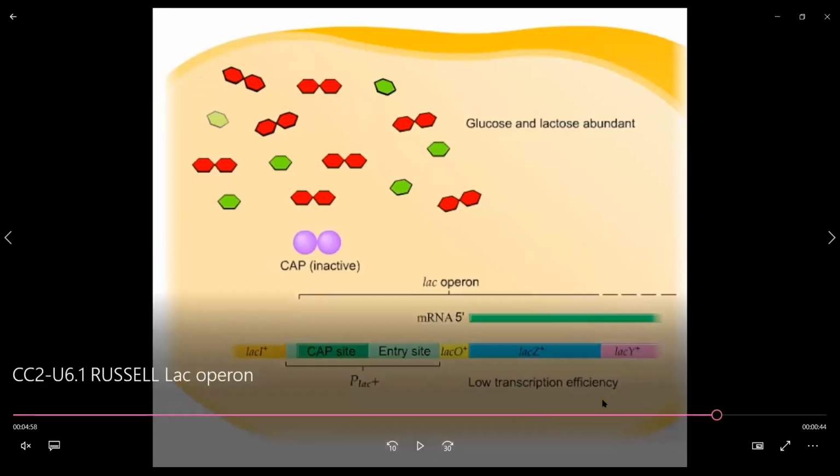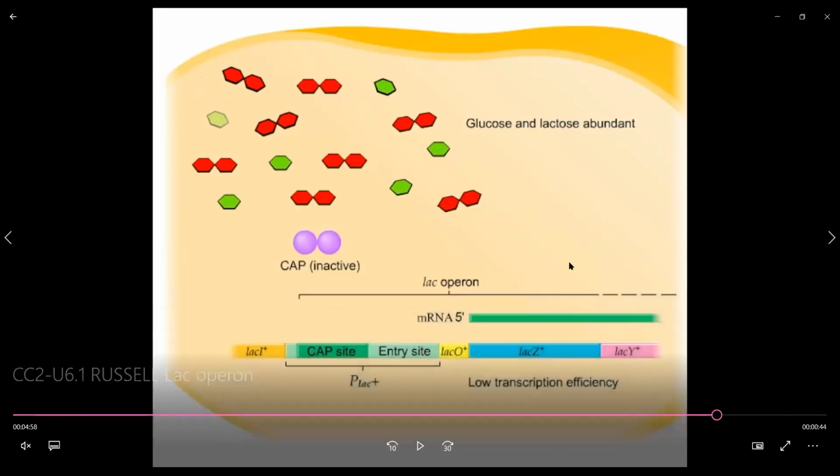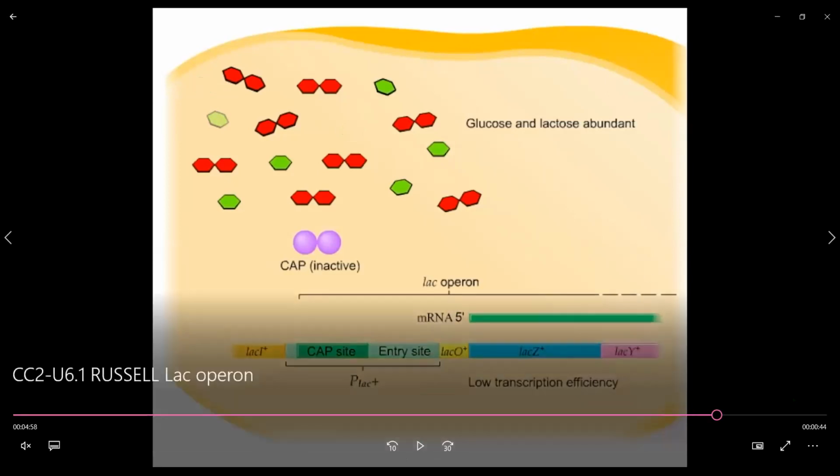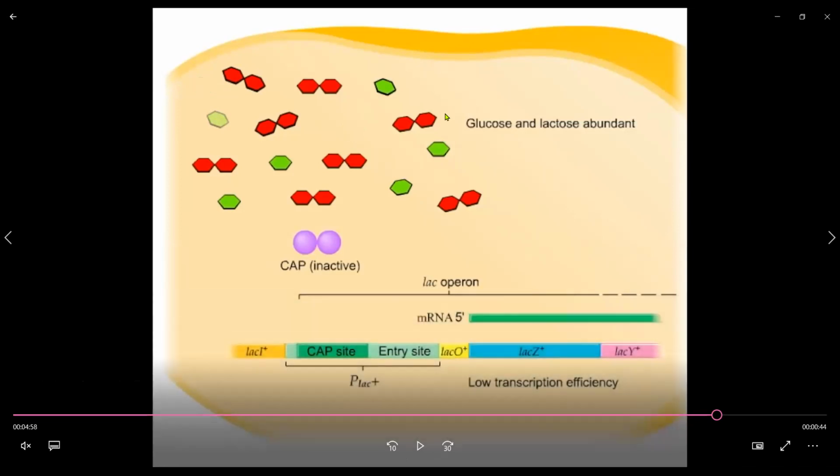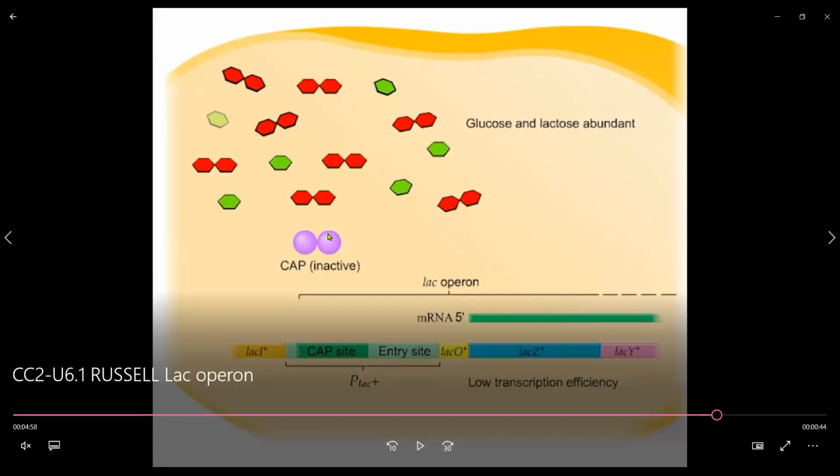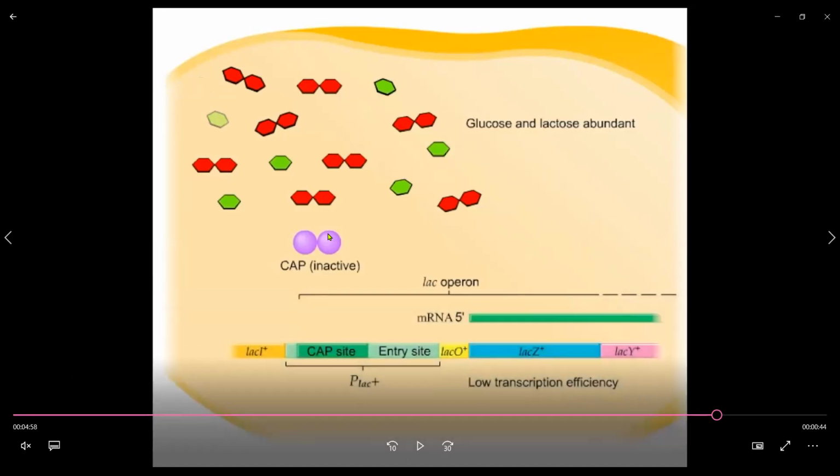So it's slow transcription efficiency, because the polymerase is not guided by the CAP-CAM complex. Transcription occurs, but at a very low rate. Only when glucose is totally metabolized or exhausted, we get high cyclic adenosine monophosphate, which binds to the CAP to form the active transcriptional activator, and then the RNA polymerase transcription rate increases.